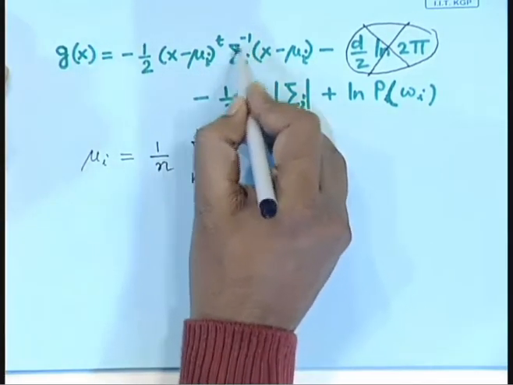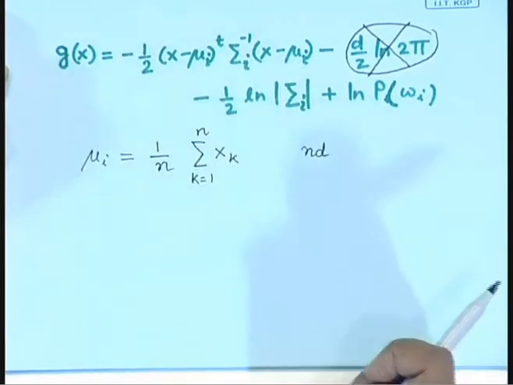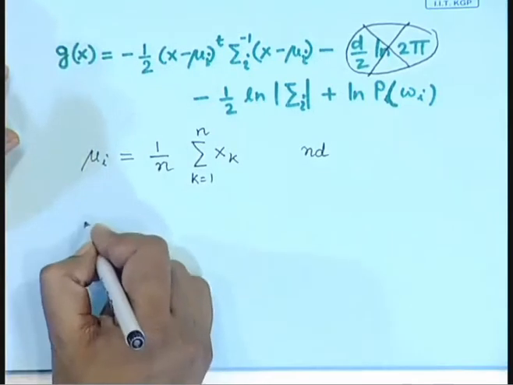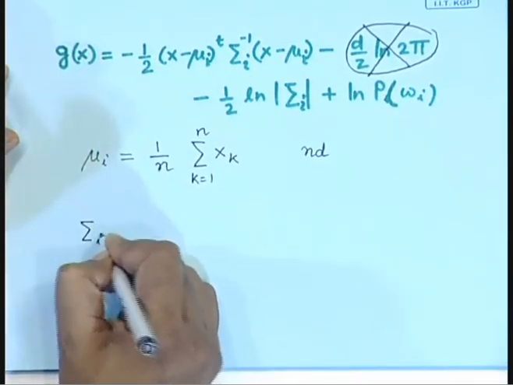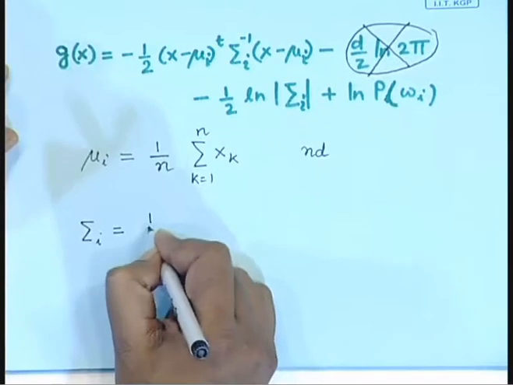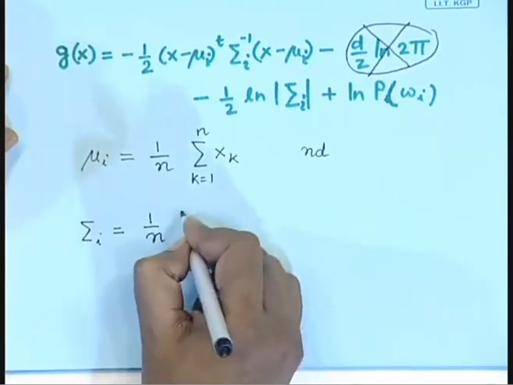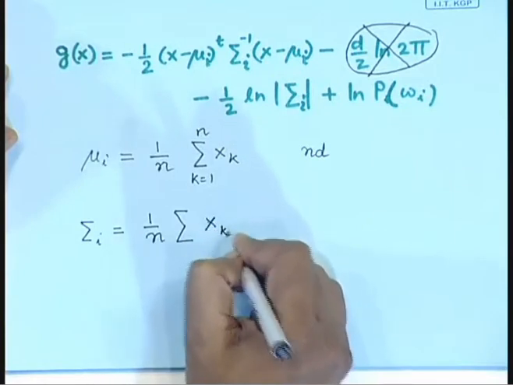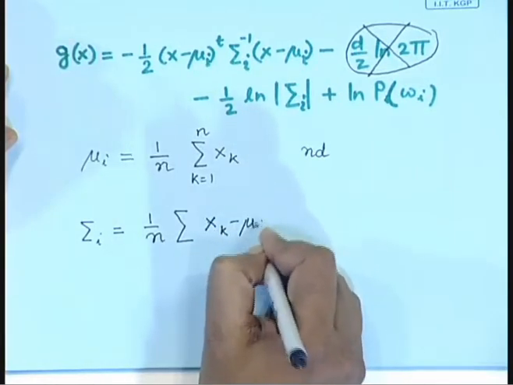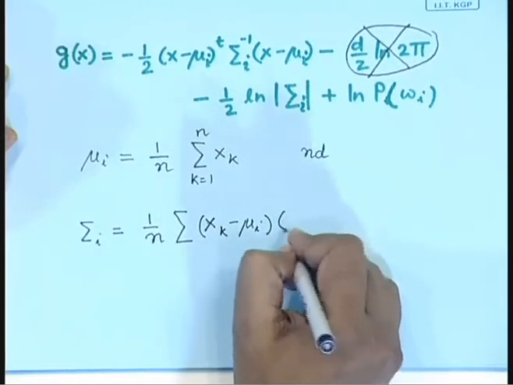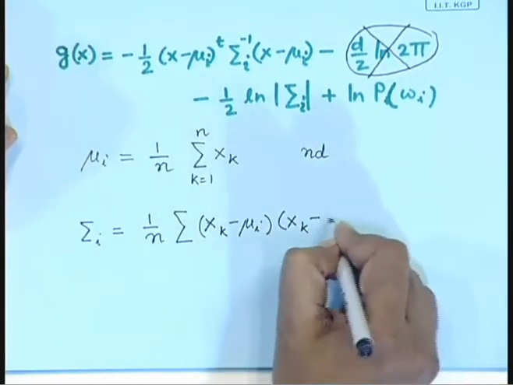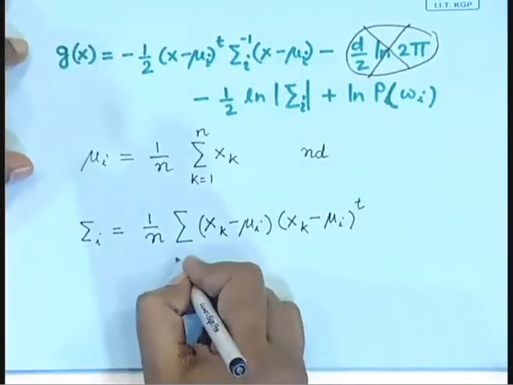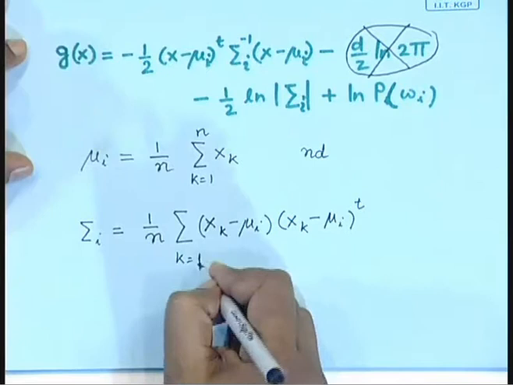Now, coming to the other term, computation of sigma i or sigma i inverse. The definition of sigma i was 1 over n into summation of (x k minus mu i) into (x k minus mu i) transpose, where k varies from 1 to n.